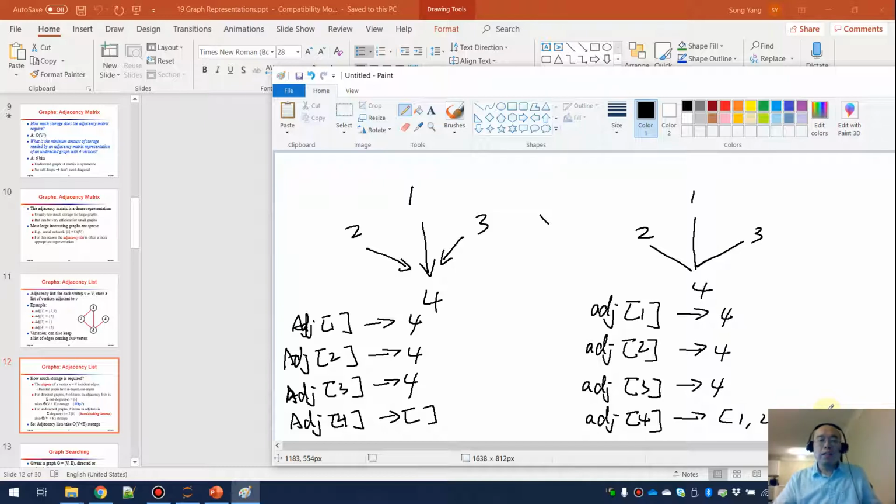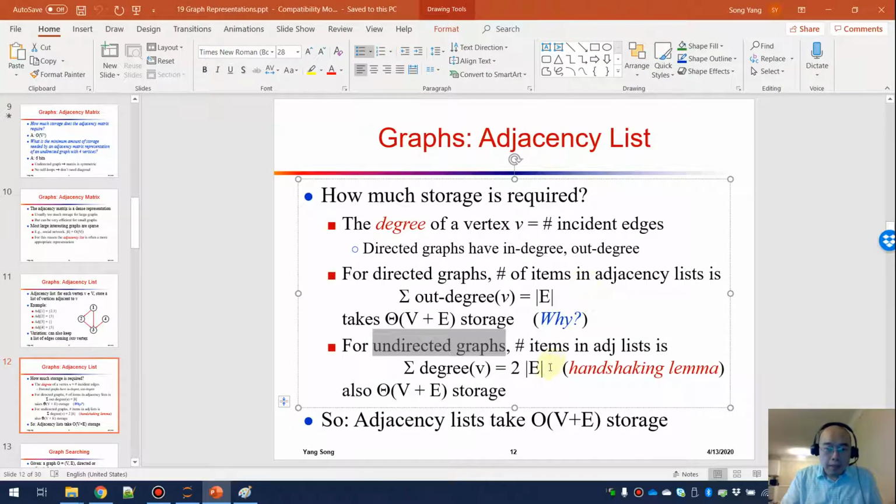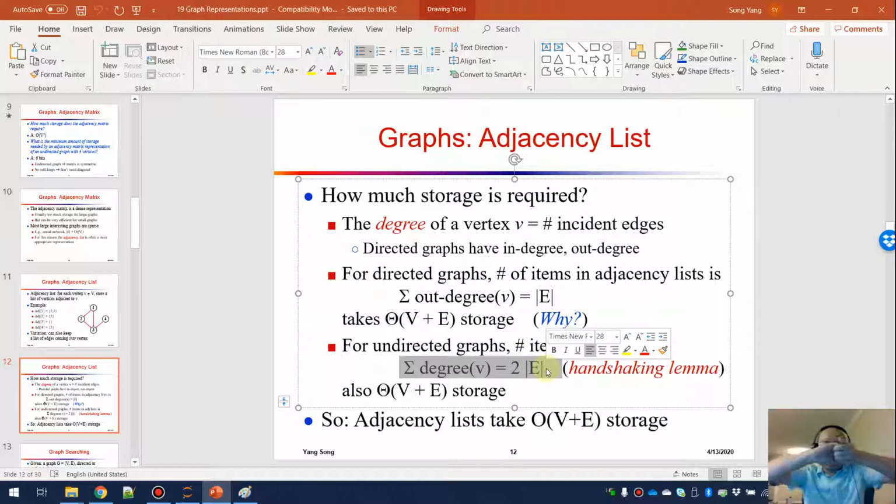Because for each of the edge, if we can go from 1 to 4, and then from 4 we can also go to 1. So for each of the edge, we are going to count that twice. So that is the reason that we have a total of 6 edges counted here. But anyhow, the sigma, the total number of the edges should be 2E because we are doing handshaking, okay?